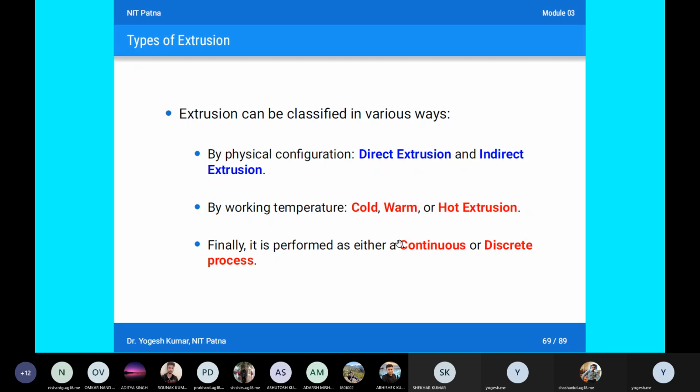As the name indicates, continuous means there is continuous production, and under discrete, a set of products is produced using extrusion processes. One set is produced, then another set is produced, then the next set of product is produced. This kind of extrusion is called discrete extrusion.